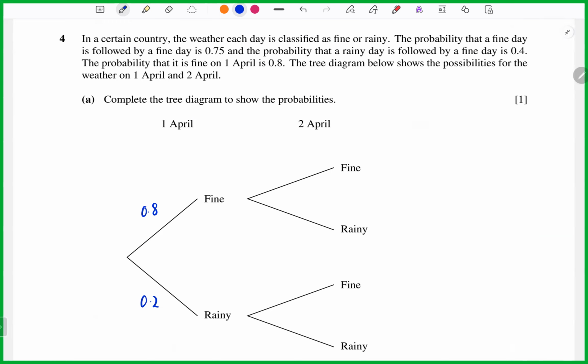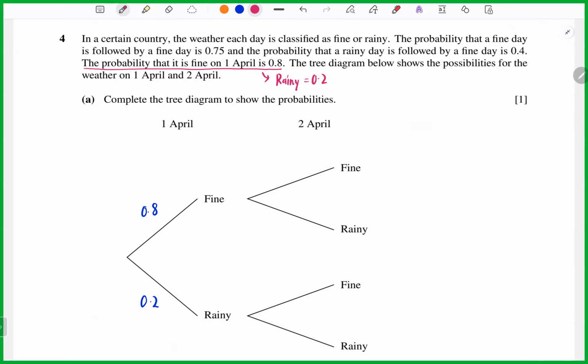Let's see. The three diagrams below show the possibilities for the weather on 1 April and 2 April. Complete the 3 diagrams to show the probabilities. I already completed the 1 April, because it's easy. When I see this sentence, it's fine, so it means your rain will get 0.2.